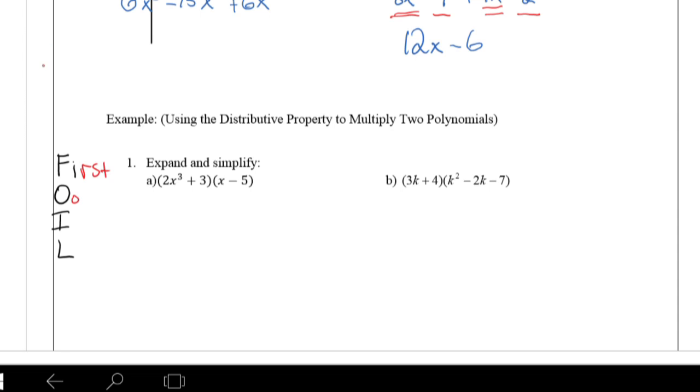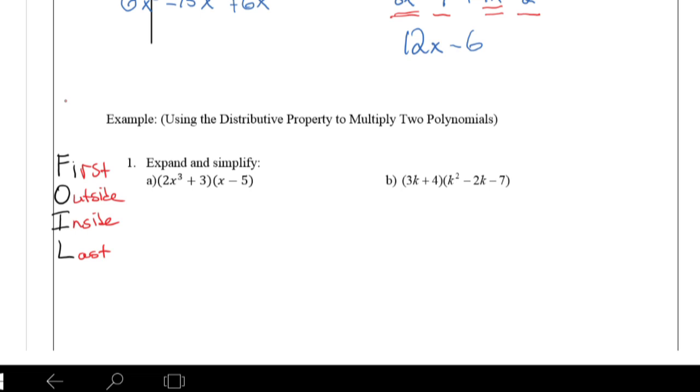Then we have outside, because I don't need two O's. Inside, and last. So essentially we're making sure that each term in the first bracket gets multiplied by each term in the second bracket. Everything needs to get multiplied by everything else.